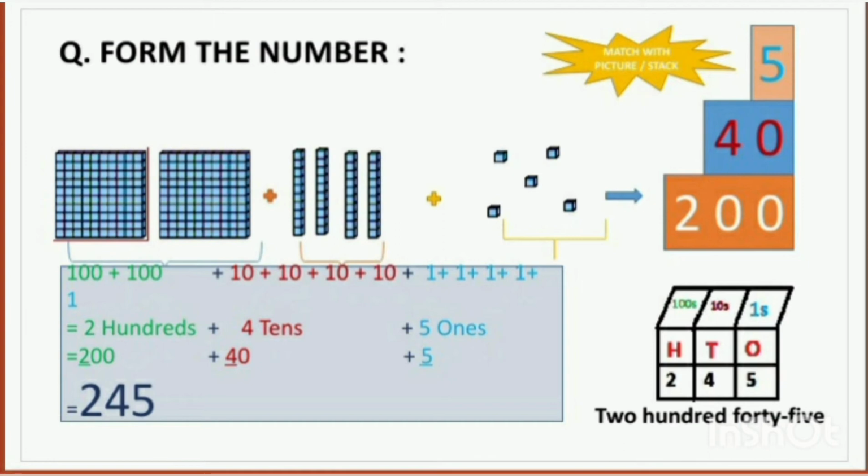So the number becomes 245, and as we have discussed, first you need to write the number starting with the digit in hundreds place, that is 2 hundreds, and now you need to combine tens and ones digit, that becomes 45. So your number becomes 245. Good.